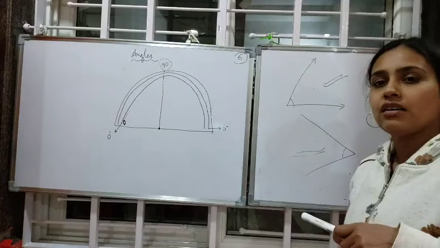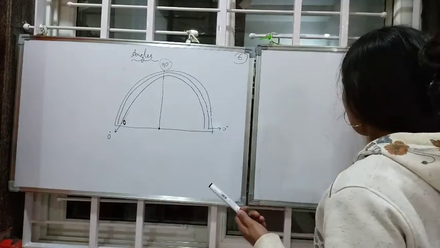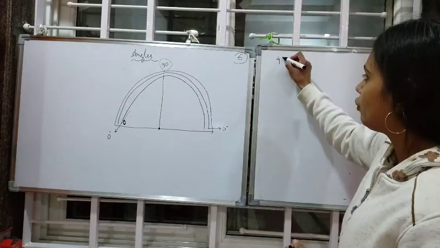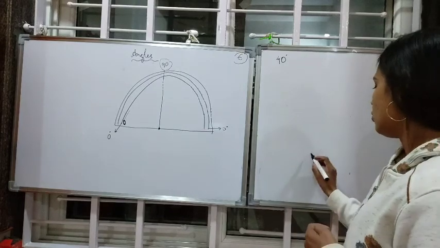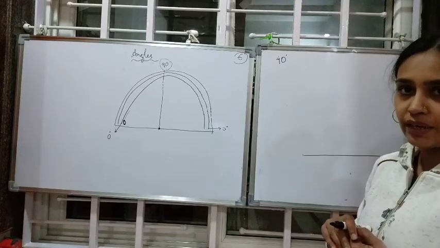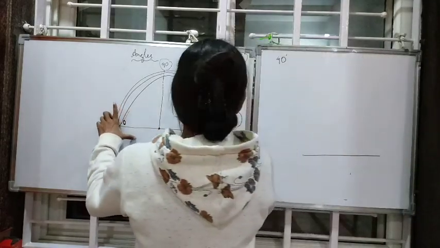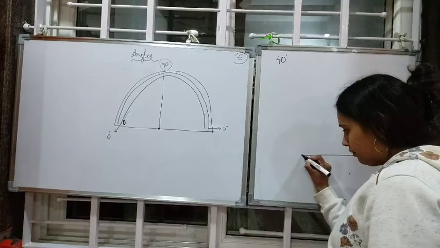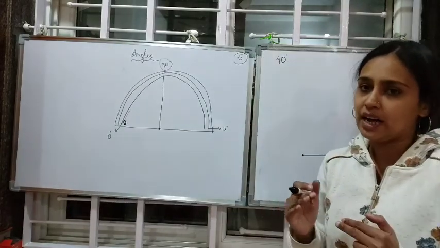Now let's study how to construct an angle using a protractor. Suppose we have to construct an angle of 40 degrees using a protractor. So how to do it? First and foremost, draw the baseline. Then take your protractor and place it in such a way that this point and this point coincide with one another.